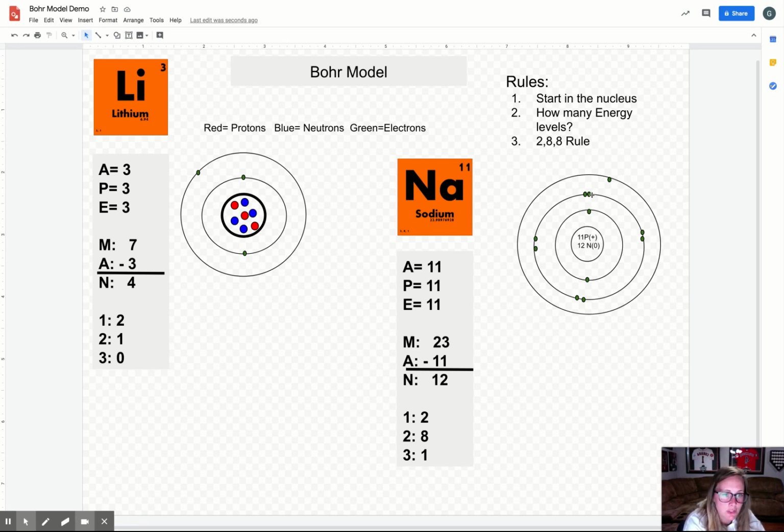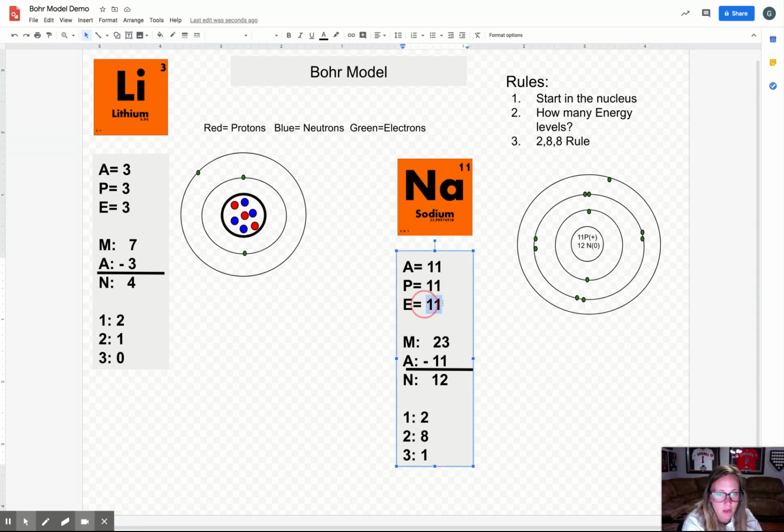Sometimes when you're just drawing a lot of dots, you can have extra or not have enough. So 2 in my first energy level, 1, 2, 8 in my second, 2, 4, 6, 8, and 1 in my third, giving me a total of 11 electrons.